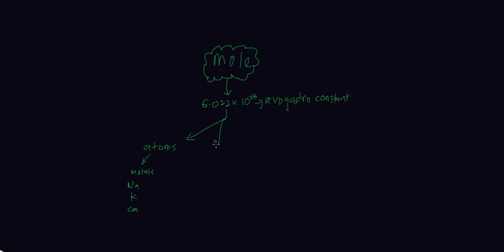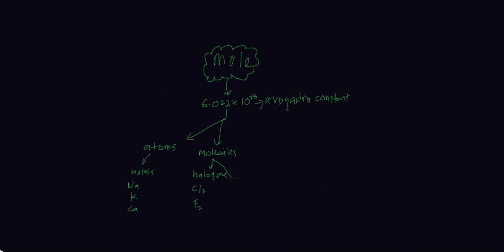We could also refer to molecules as particles. Now, what would be molecules? An example would be most commonly halogens or other non-metals, with the exception of group 18. For example, chlorine, this is a halogen, or fluorine, it's also a halogen.